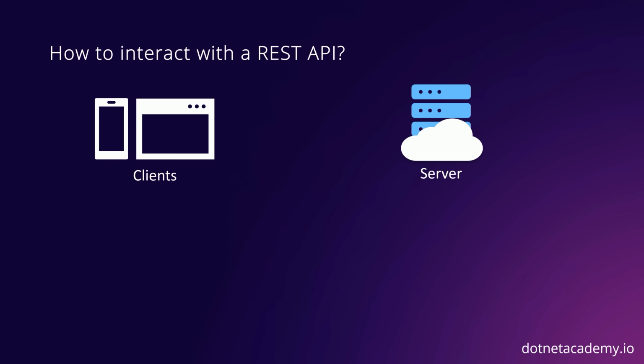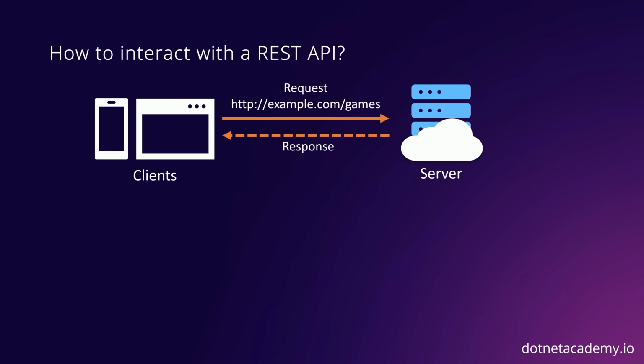Now, how do you actually interact with the REST API? Well, just like with traditional web pages, when clients want to request something from the servers, they will send an HTTP request using the resource URI to the server, and then the server will send back a response. However, in REST APIs, these requests and responses will look a bit different depending on the specific HTTP method used to call it.